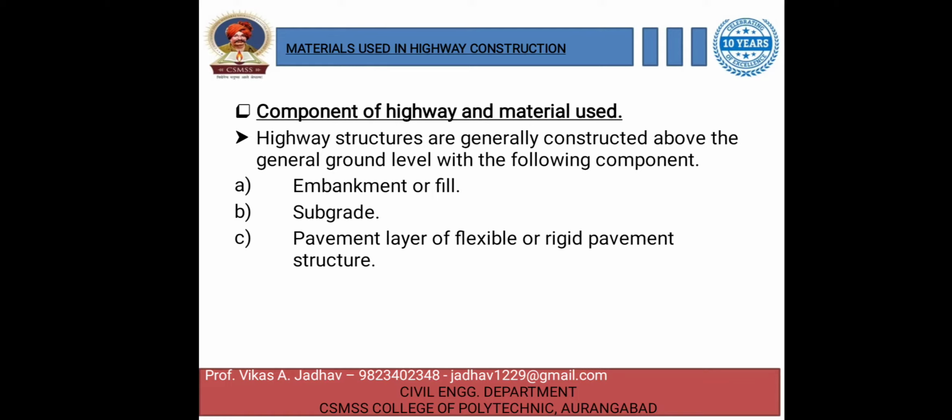During this, following are the components which are constructed: embankment or fill, subgrade, pavement layer of flexible or rigid structure. So at the bottom there is embankment or fill. On that embankment or fill, the subgrade is provided, and on that subgrade a rigid or flexible pavement is provided.